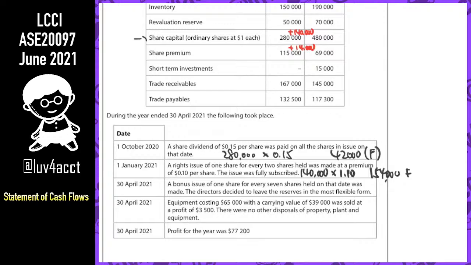Originally we have 280,000, and then we have issued 140 more, so now we have 420 before the bonus issue. We have 1 share for every 7 shares held, so divided by 7, the bonus issue is for 60,000.